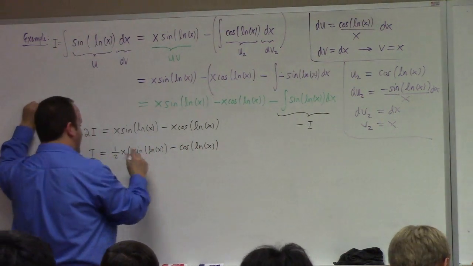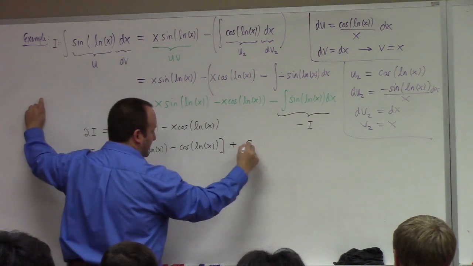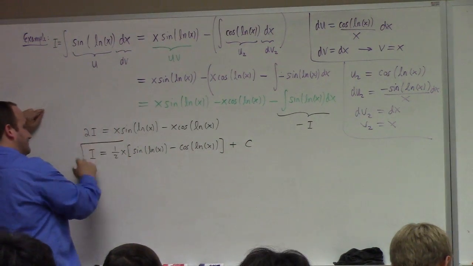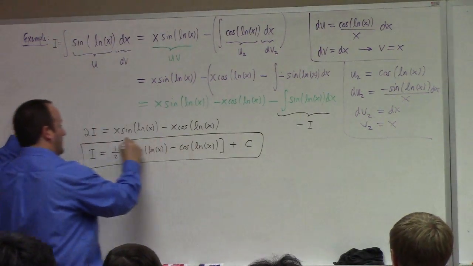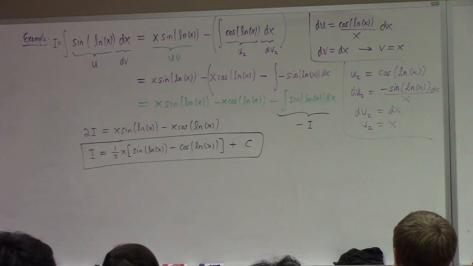And then of course this is an indefinite integral that we're doing, so I add a constant for good measure. And there you go. I call this phenomenon looping. It loops back to where it started. Cool, huh?